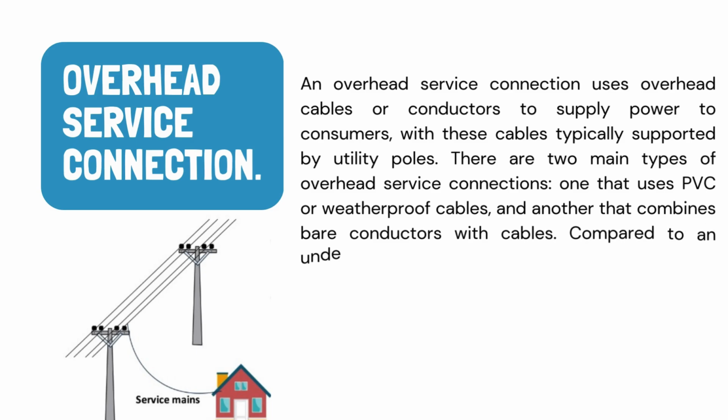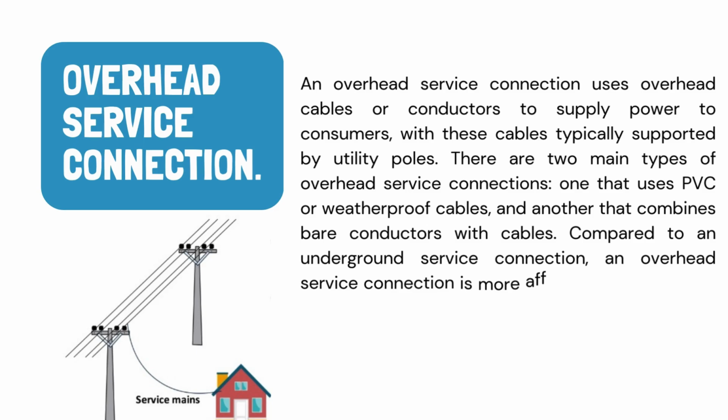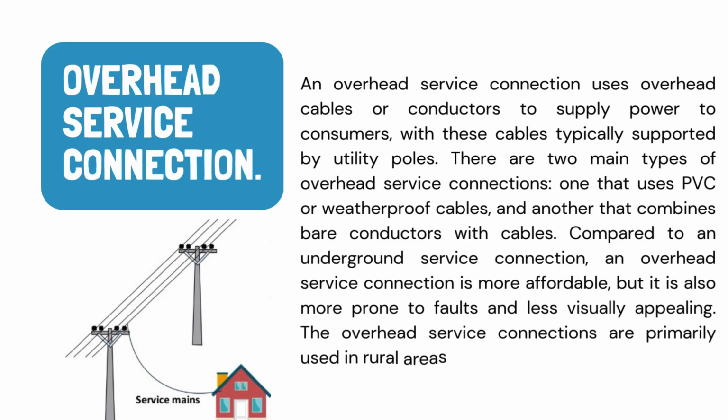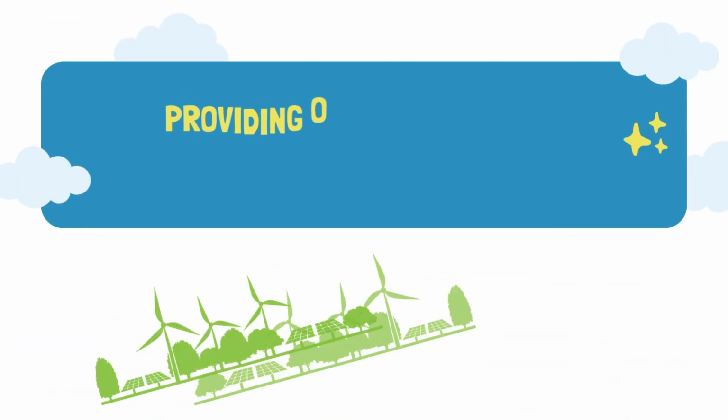One that uses PVC or weatherproof cables, and another that combines bare conductors with cables. Compared to an underground service connection, an overhead service connection is more affordable, but it is also more prone to faults and less visually appealing. The overhead service connections are primarily used in rural areas. Now, let's discuss each type.